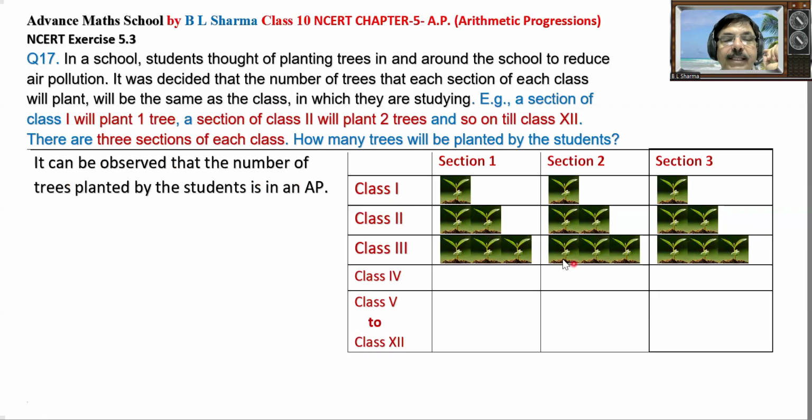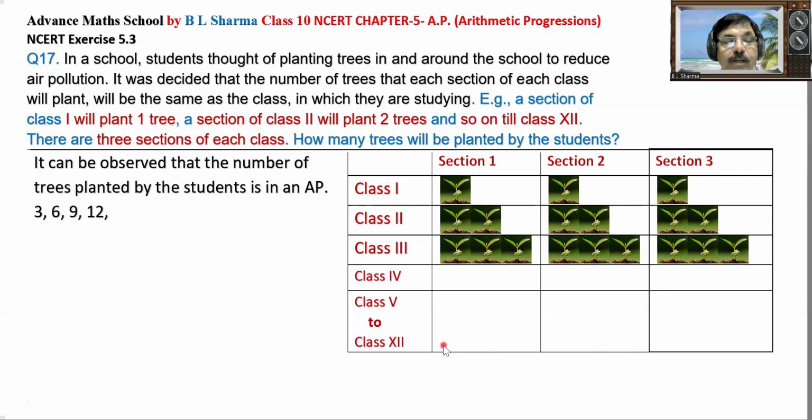सो हम देखते हैं कि देखिए एपी में है, देखिए ये है 1 2 3. क्लास 1 के सारे सेक्शन मिलके 3 ट्रीज प्लांट करेंगे. क्लास 2 देखिए 2 + 2 + 2 टोटल 6 trees. एंड क्लास 3, 3 + 3 + 3, 9 trees. Class 4, 4 + 4 + 4, 12 trees.